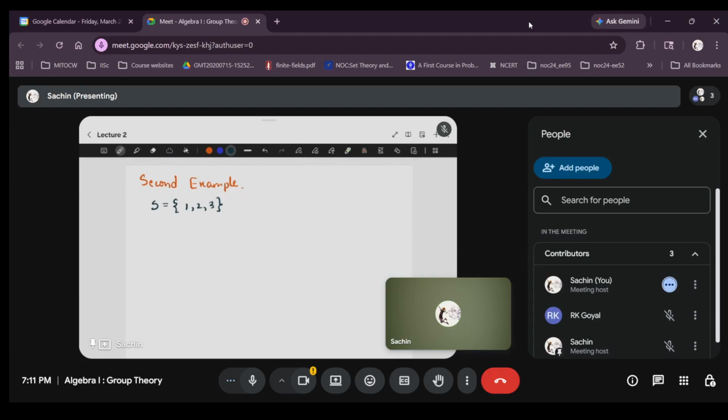Now consider all bijections f from S to S. So how many bijections will there be?